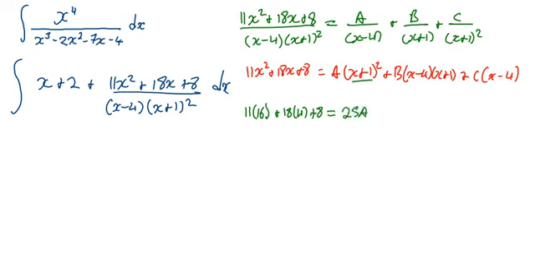If I place 4 in the next term, I get 0, so we ignore that part. And if I place 4 again here, I get 0. So replacing x with 4 helps me to find the value of a.